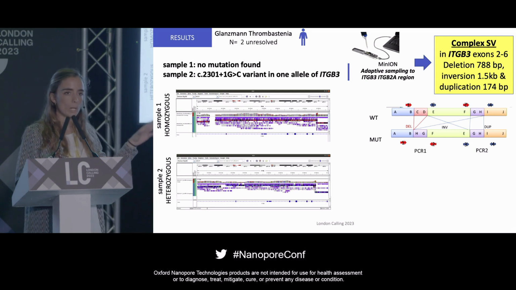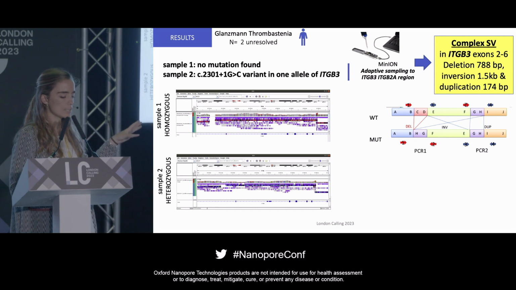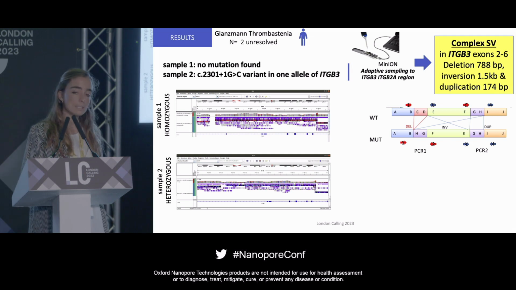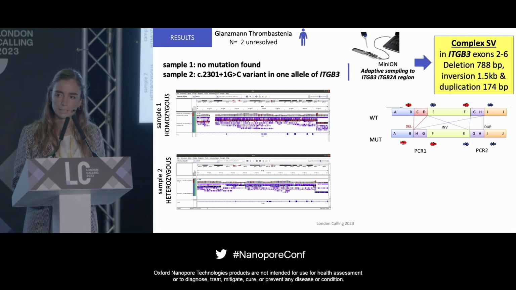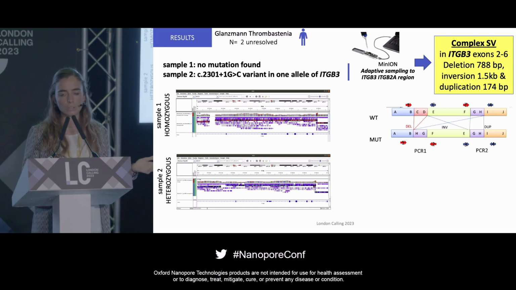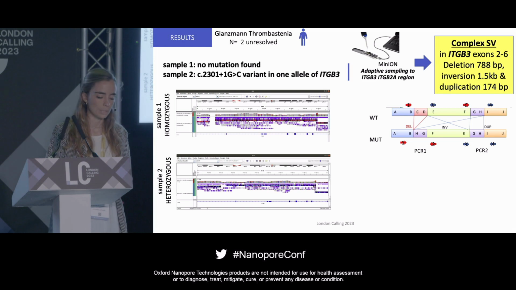So in sample 1, as you can see in this image, it was in homozygous state, confirming this candidate variant. And in the second one, it was in heterozygous state, in the alternative allele of the pathogenic allele of the mutation already found previously. That was detected by nanopore, and we could phase the variant and demonstrate that it was in the alternative alleles. This is another strength of this technology that allows us the phasing of the variants.